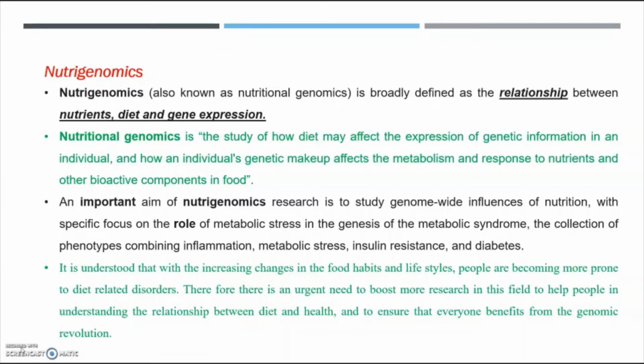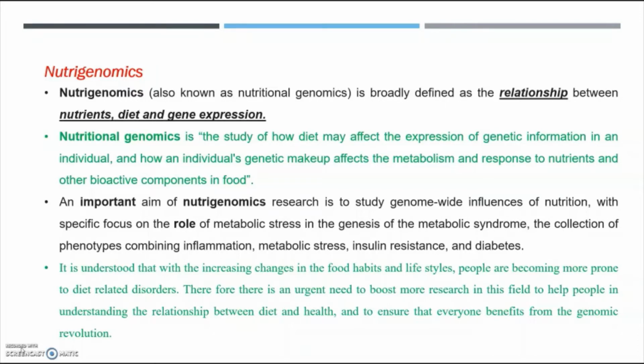Nutrigenomics. What do we mean by nutrigenomics? It is a combination of two terms: nutrient plus genomics, meaning genes. Nutrigenomics is also known as nutritional genomics. It is broadly defined as the relationship between nutrients, diet and gene expression.